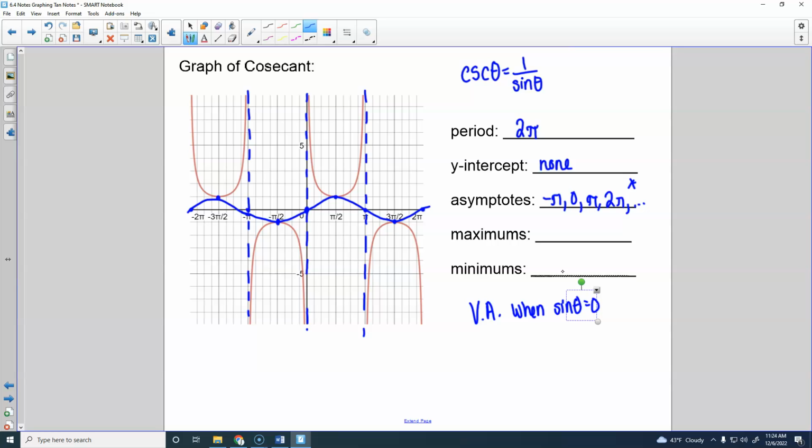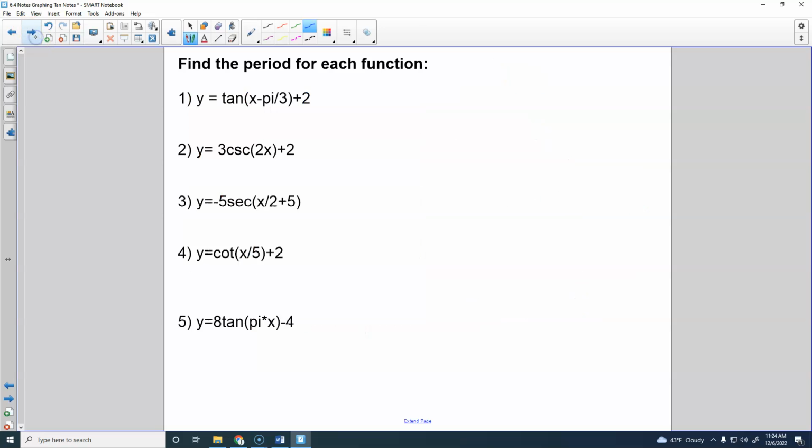So I want you to be able to recognize these general graphs here. And then there's a few types of problems that we're going to look at. So one thing I'm going to ask you for is the period of each function.